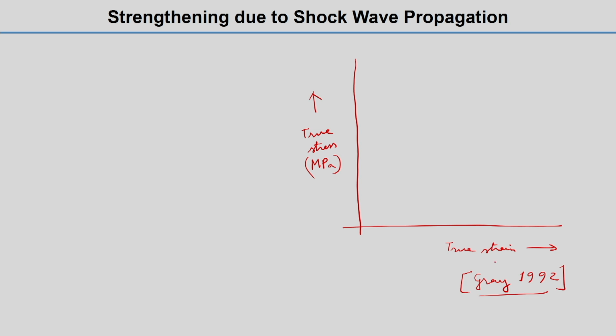We do not need to have the values, but you need to understand that the shock wave can produce high strengthening, more than whatever tension test we do, uniaxial tension.